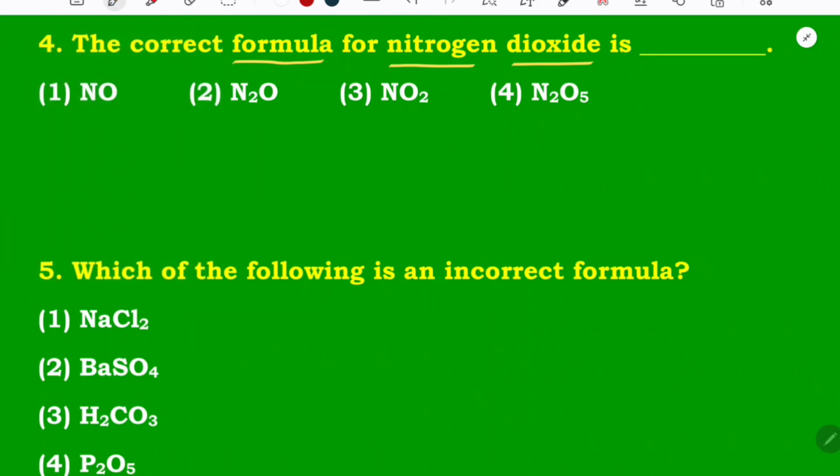Here NO means nitrogen monoxide, so one oxygen is there. N2O means nitrous oxide.